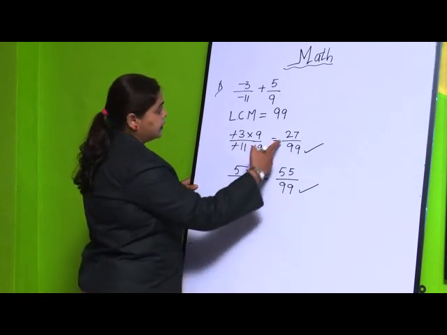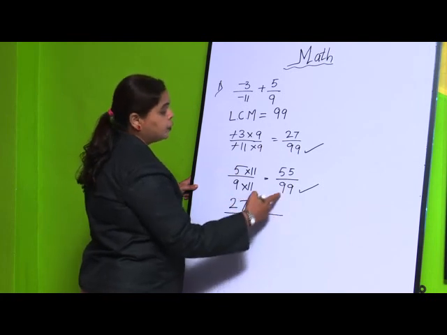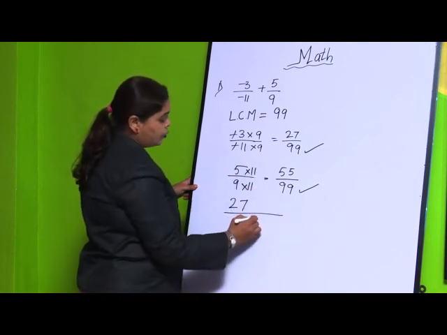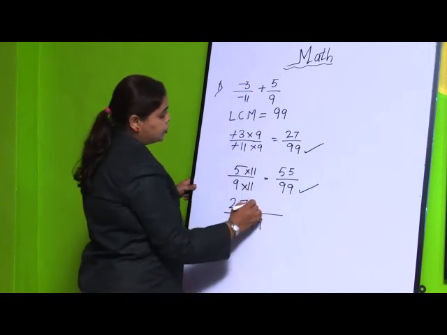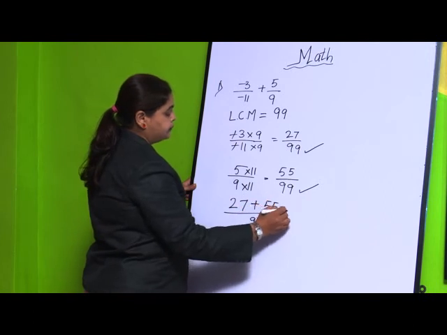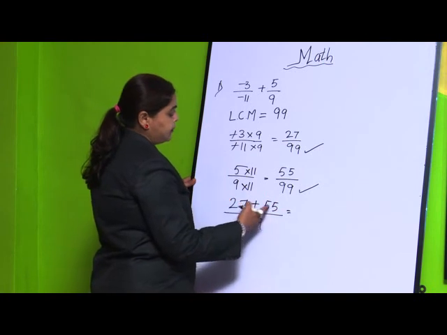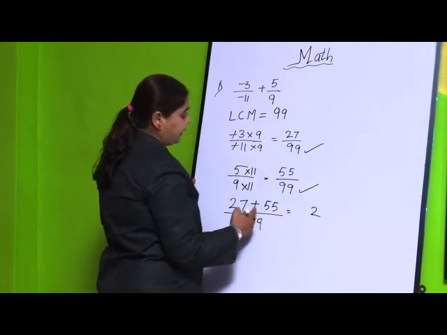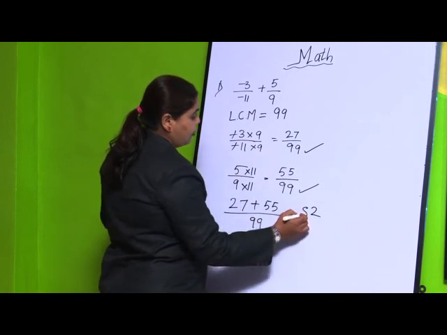Now both the denominators are equal, so I will write here 99. The operation is addition, so I will add here 55. Now it is a very simple addition. 7 plus 5 is 12, 1 carry. So it is 6, and this is 6, 7, 8 upon 99.